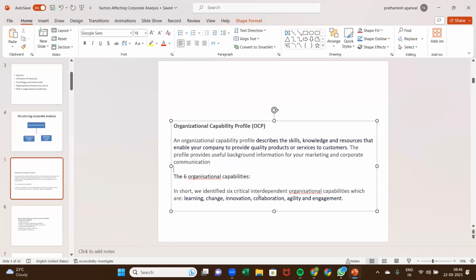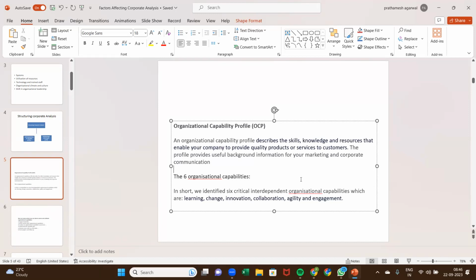Once the threats and the opportunities are identified, then we do an OCP, that is Organizational Capability Profile, which helps us to identify the organizational strengths and weaknesses in key result areas. Suppose you have manpower planning. Now, what are the strengths and weaknesses of manpower planning? Why people are leaving the organization.